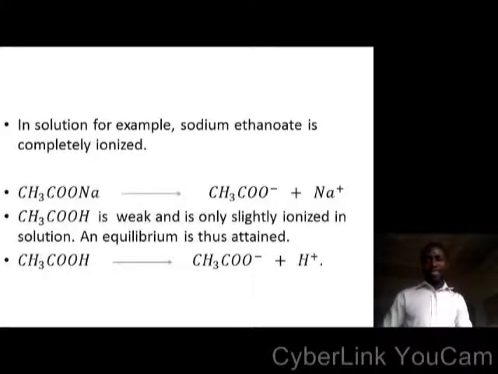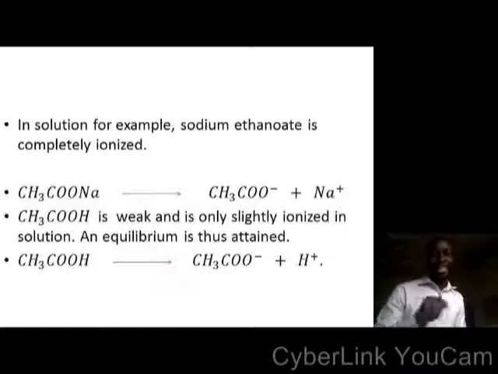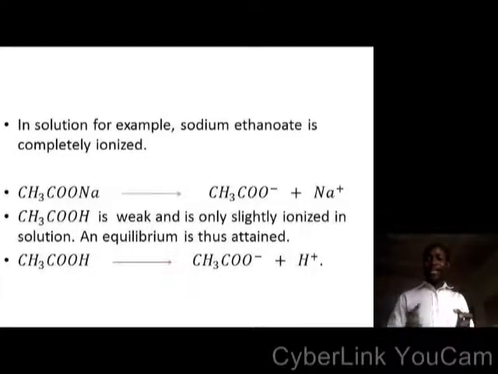Now look at this. In solution, for example, sodium ethanoate is completely ionized. You can see sodium ethanoate is CH3COONa. You can see an arrow there, the ionizing reaction, that is CH3COO minus plus Na plus.